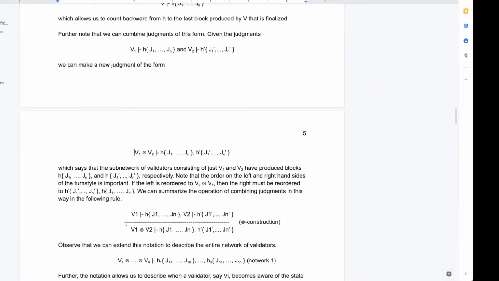Oh, interesting. Hang on a second. I thought I'd fix this. So given two like this, we can form a judgment like this. I was certain that I had, well, that's interesting.